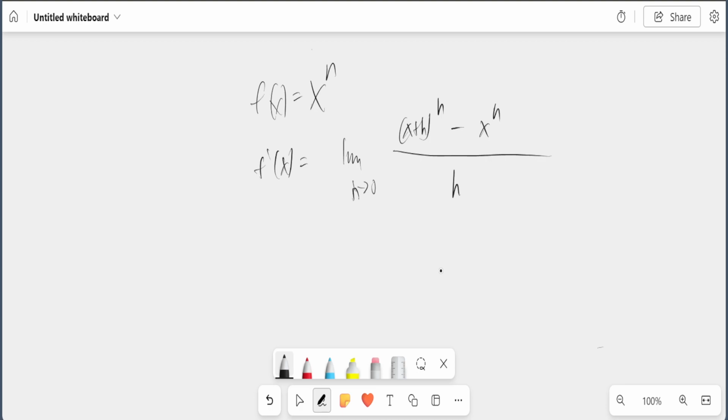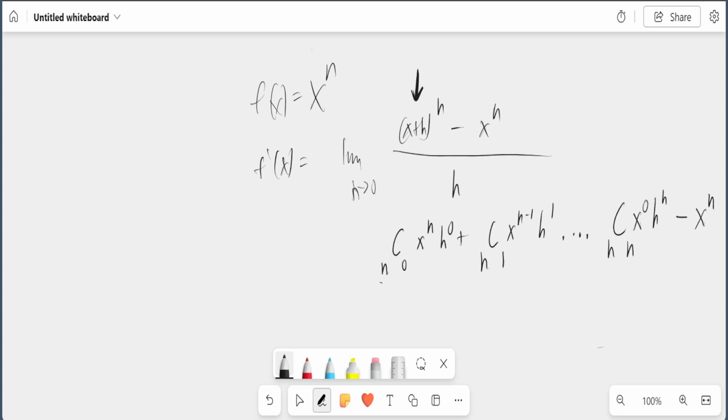But anyways, if you remember from pre-calc, we learned binomial expansion, so we can expand this out in terms of combinations. So that's combination n choose 0, x to the n, h to the 0, plus combination n choose 1, x to the n minus 1, h to the 1. Do you guys see the pattern? Okay, so we go all the way to combination n choose n, x to the 0, h to the n, minus x to the n, all over h. Are there any terms we can cancel out?